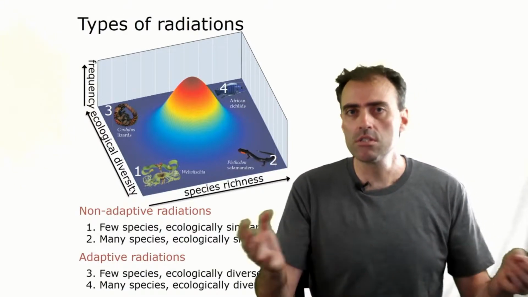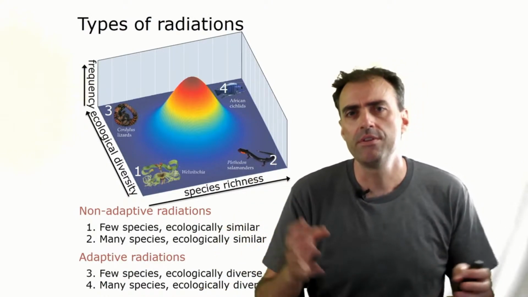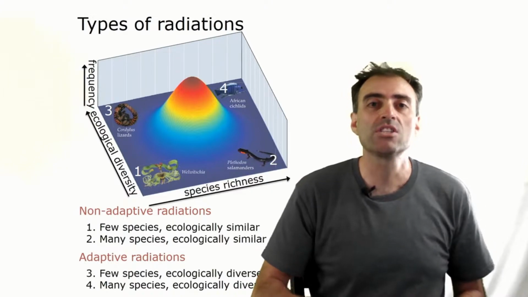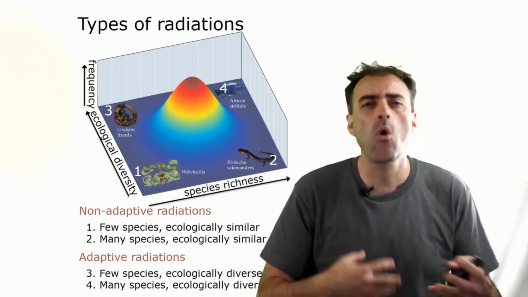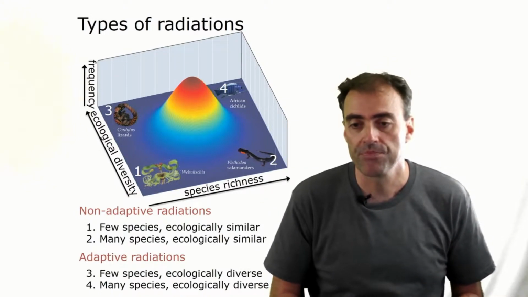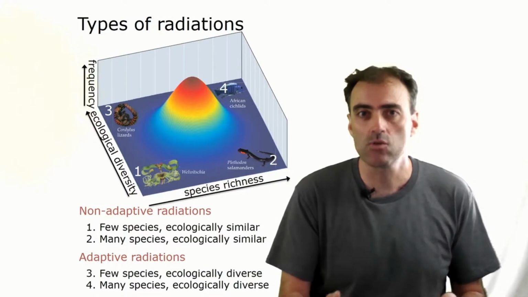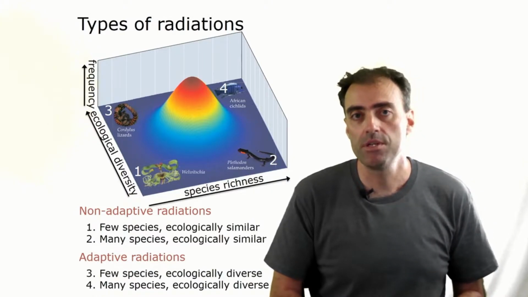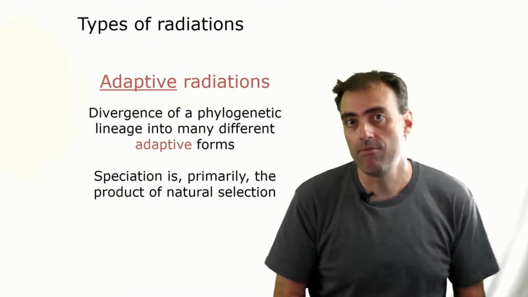Now, when there are lots of different environments, perhaps a whole continent with lots of different ecological niches, you can actually have the production of massive numbers of species that are all ecologically different from each other. So these are when adaptation and natural selection have played a role in speciation and diversification. We term these adaptive radiations.